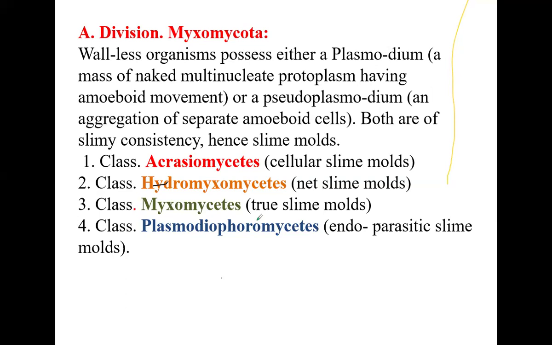What are the differences between them? If it is a slime mold, gelatinous structure, if it is cellular, looks like cells attached together, that all groups in the Acrasiomycetes. Or if it is forming a network-like structure, the slime mold plasmodium, net-like structure, connecting link, that we grouped in the Hydromyxomycetes.